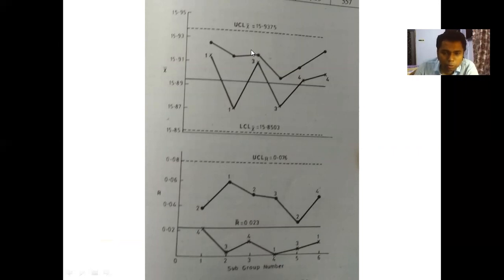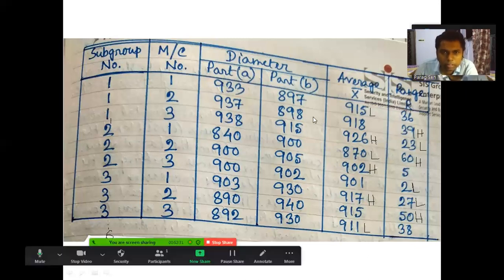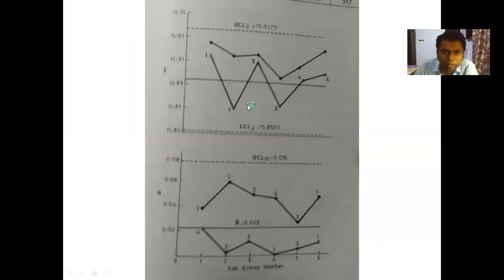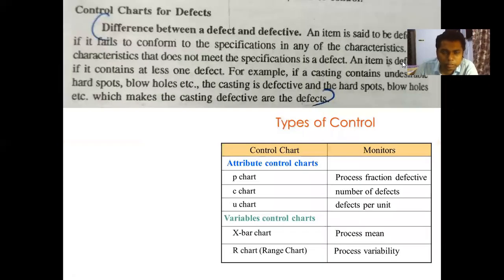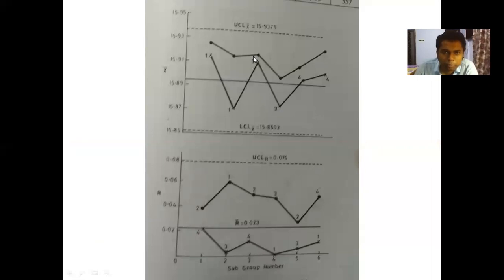Again, for the third subgroup, the lowest value is given by the first machine, so it will be 1, and for the highest it will be the third machine, so here it will be 3.